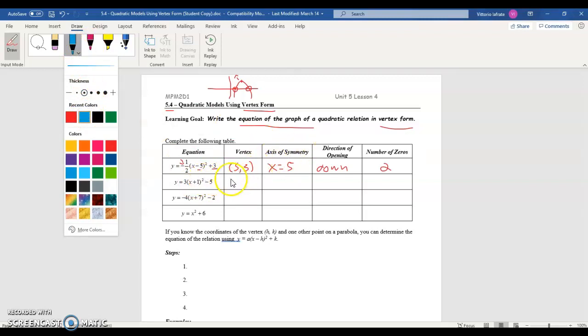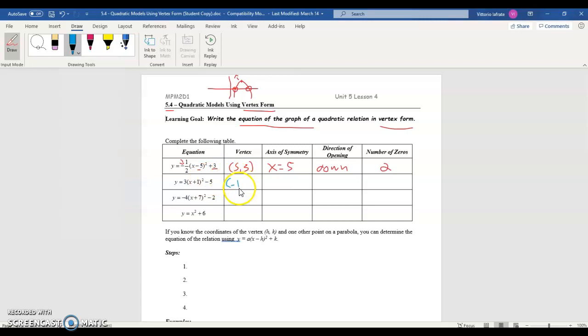So again, let's go find our vertex. We have -1 because it's positive 1 here, so let's change that sign, and then -5. Great. Our axis of symmetry again is going to be the x value of the vertex, so x is equal to -1. And then our direction of the opening, our a over here, is positive.